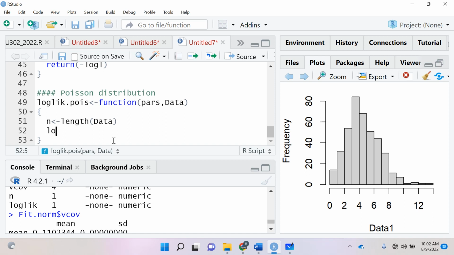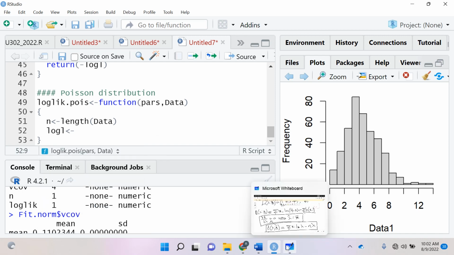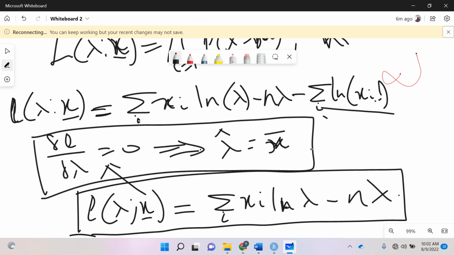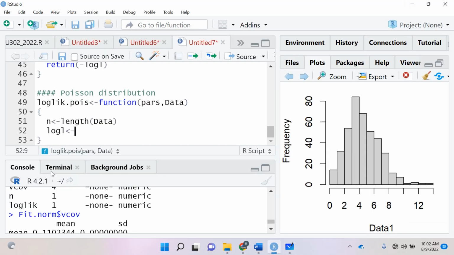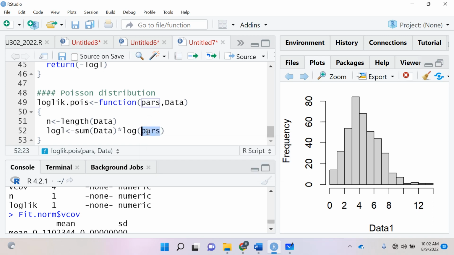Now, log L will be equal to what? You have sigma xi, so that will be the sum of data, multiplied by the log of lambda, the log of the parameter. If I like, I can just change this parameter to lambda to make it easier.